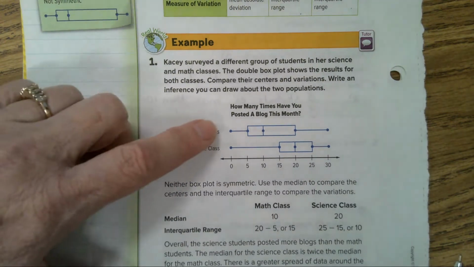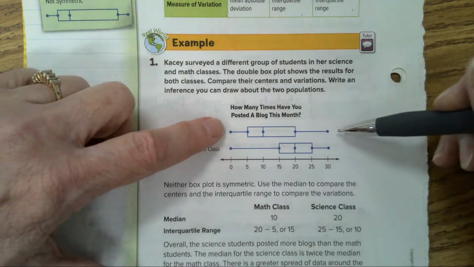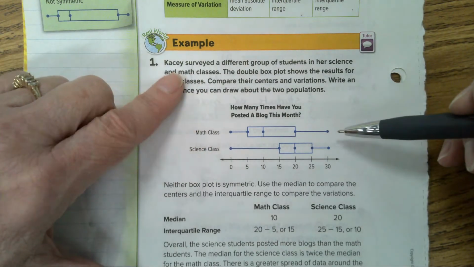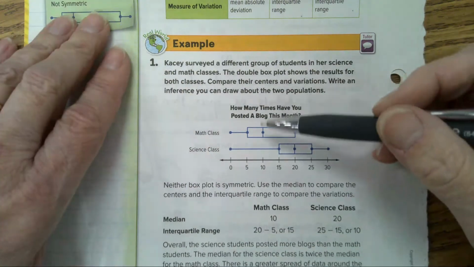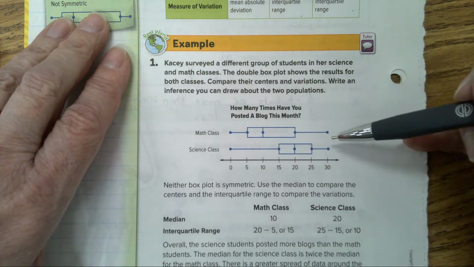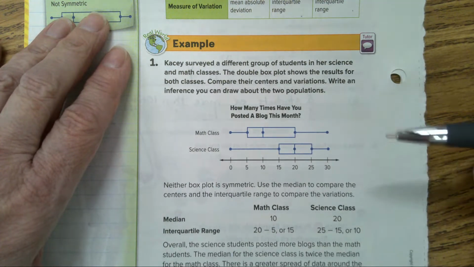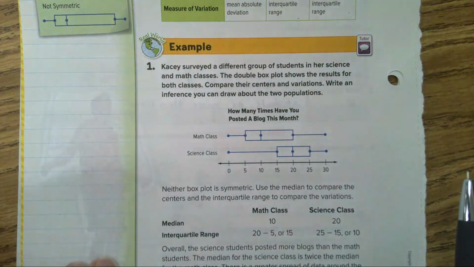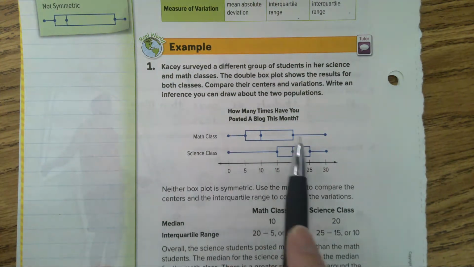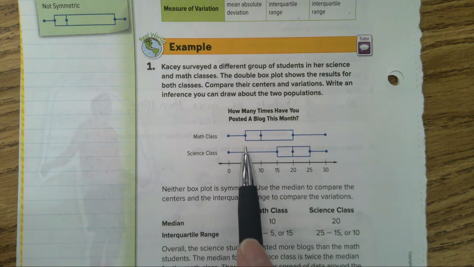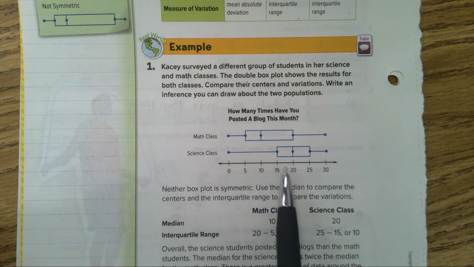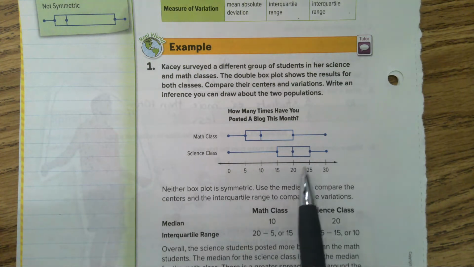Well, in math class, 30 times was the most number of times someone posted a blog. You can tell that in math, there aren't quite as many. There's a wider range of 5 to 20. But in science class, more people are doing blogs because it's in the range of 15 to 25.